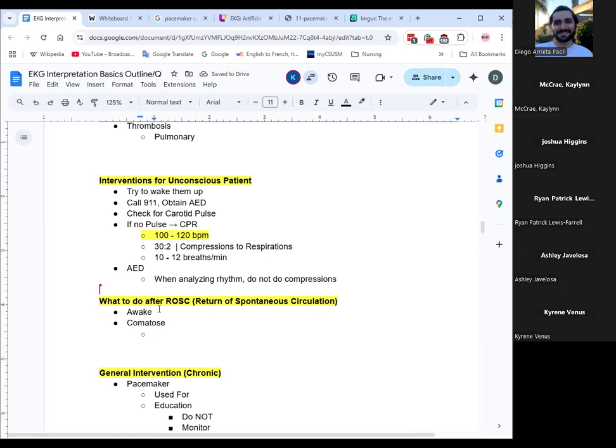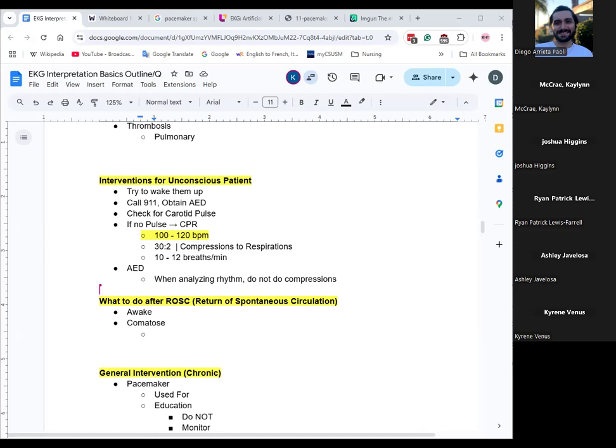Do you guys remember anything about what should be done in this situation, or have you experienced it? I like the idea of checking vital signs. TTM. Yep, TTM. Fluids. Fluids.